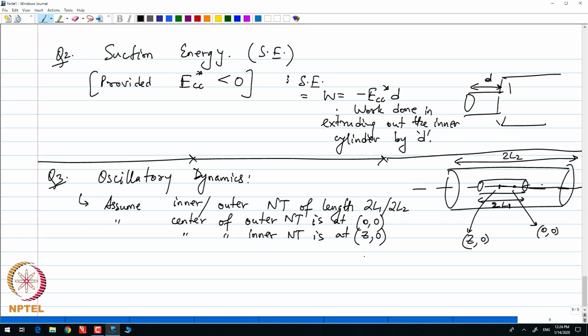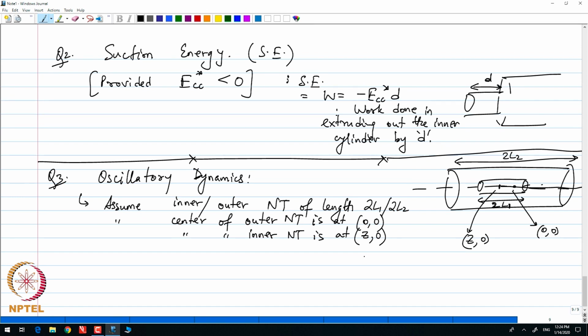So, it is slightly shifted. So, z is going to be our distance from the center through which we describe the oscillatory motion. We expect that at equilibrium z is 0, otherwise in the oscillatory motion z changes its value.